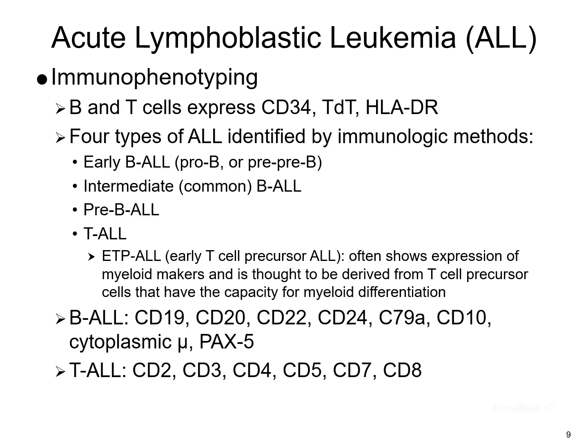Although morphology is the first tool that we use to distinguish ALL from AML, immunophenotyping and genetic analysis are the most reliable indicators of where exactly the cell lineage originates. Because both T and B cells are derived from lymphoid progenitor cells, both of these cell lineages will express the CD34 marker as well as the TdT marker, which is terminal deoxynucleotidyl transferase, and human leukocyte antigen with DR subregions.